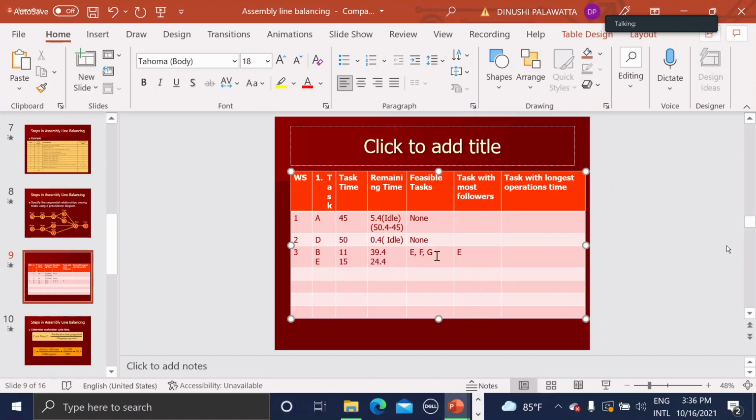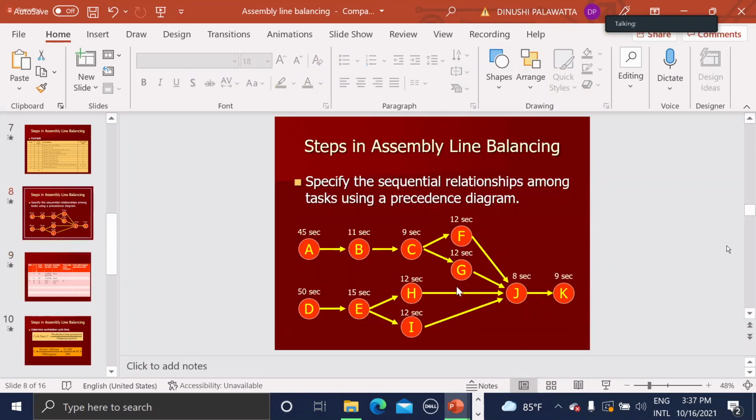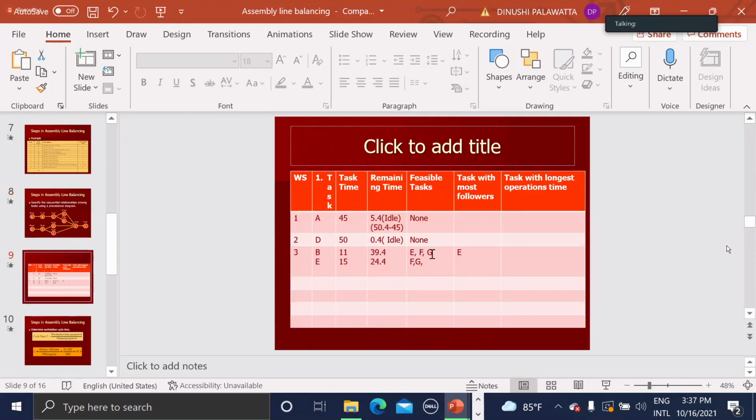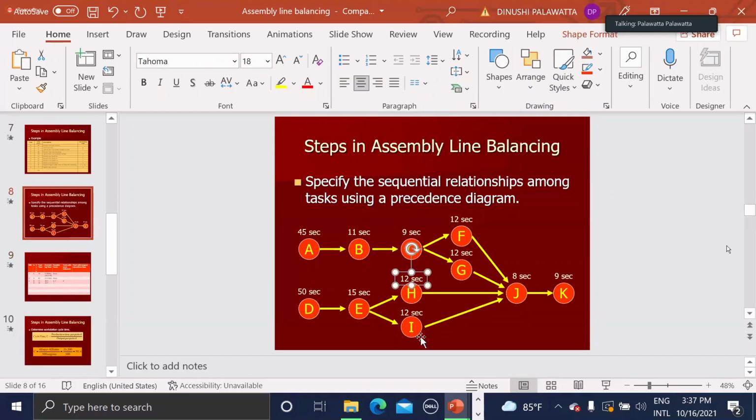Feasible tasks, F, G. Sorry, after B, it is E and C. F and G are not possible. After B, E and C are feasible.